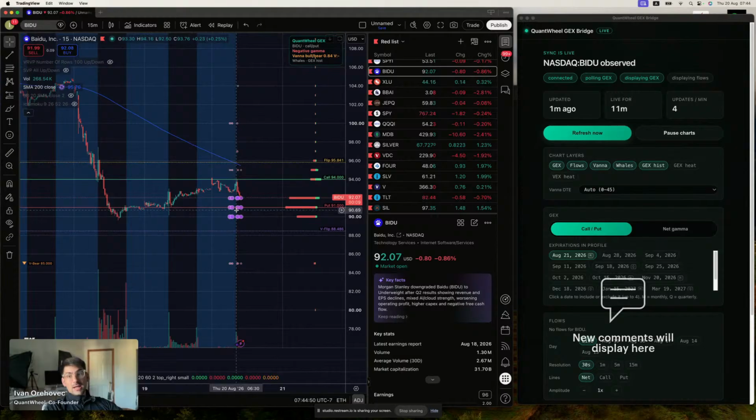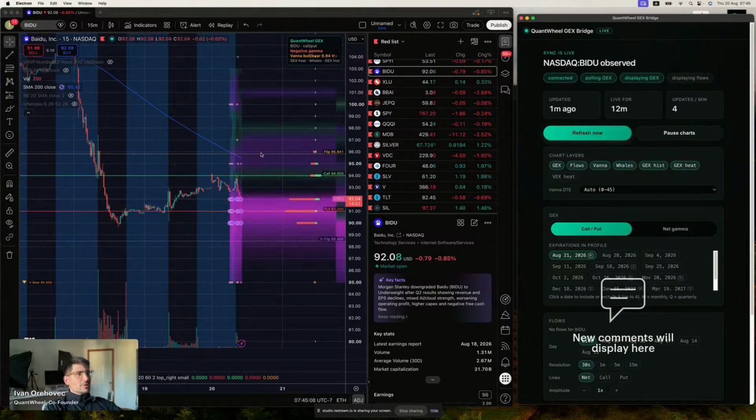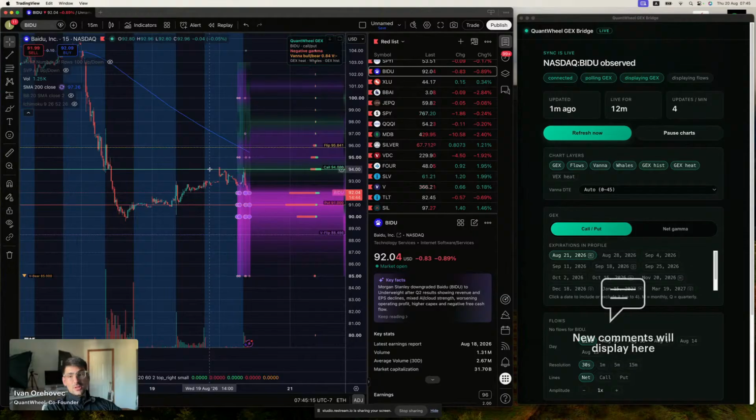And yeah, I'll just sell new ones right now on Baidu. When we saw the drop here, I sold some cash secured puts at 90, very aggressive. The market rebounded. But then I saw yesterday, okay, let me just show you. We saw this purple and negative gamma regime, plus the call wall, which told me there is not immediate conviction for the breakout to more of the upside.